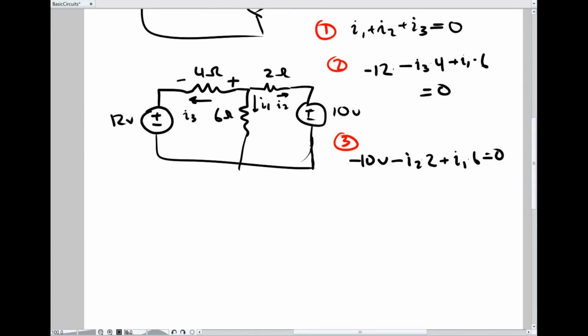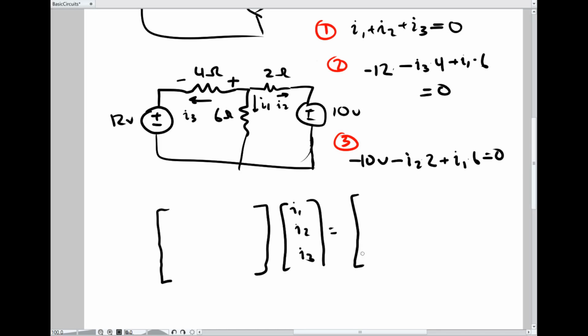So I'll do that. Putting it as a matrix, we have I1, I2, I3. Our Kirchhoff's current law says that we have 1, 1, 1, 0. Our Kirchhoff's voltage law here says we have 6, 0, minus 4, 12.